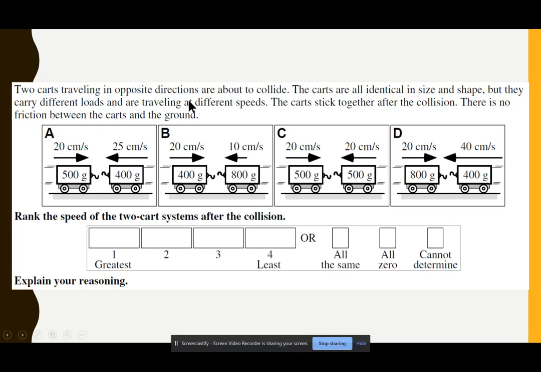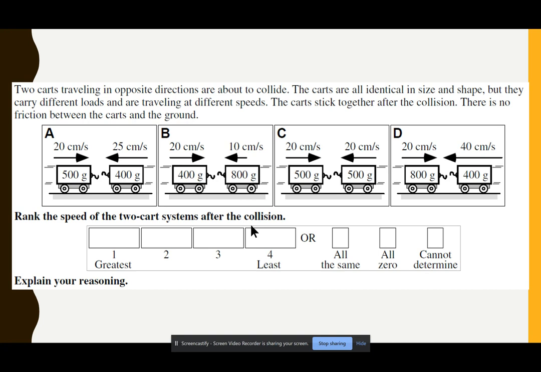Two carts traveling in opposite directions are about to collide. The carts are all identical in size and shape, but they carry different loads and are traveling at different speeds. The carts stick together after the collision. There is no friction between the carts and the ground. Rank the speeds of the two cart systems after the collision.